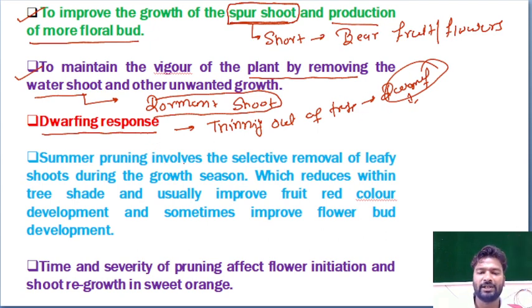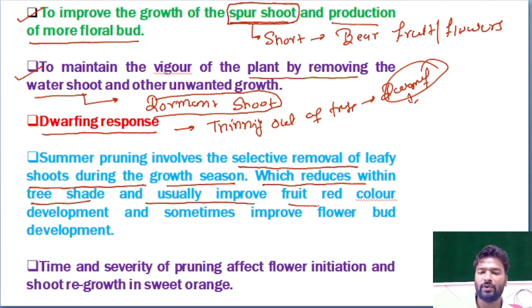Summer pruning involves the selective removal of leafy shoots during the growth season, which reduces shading within the tree and usually improves fruit red color development and sometimes improves flower bud development.